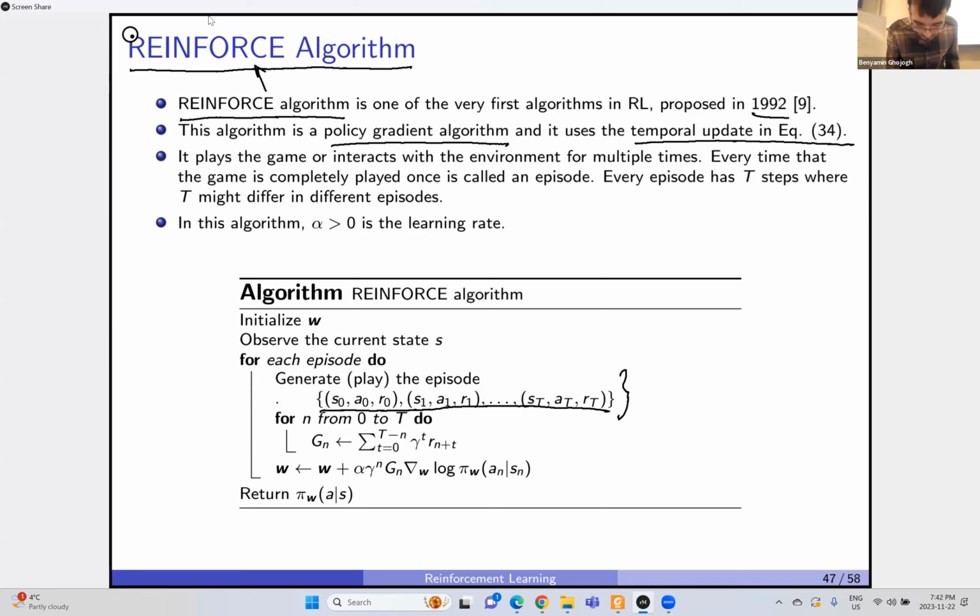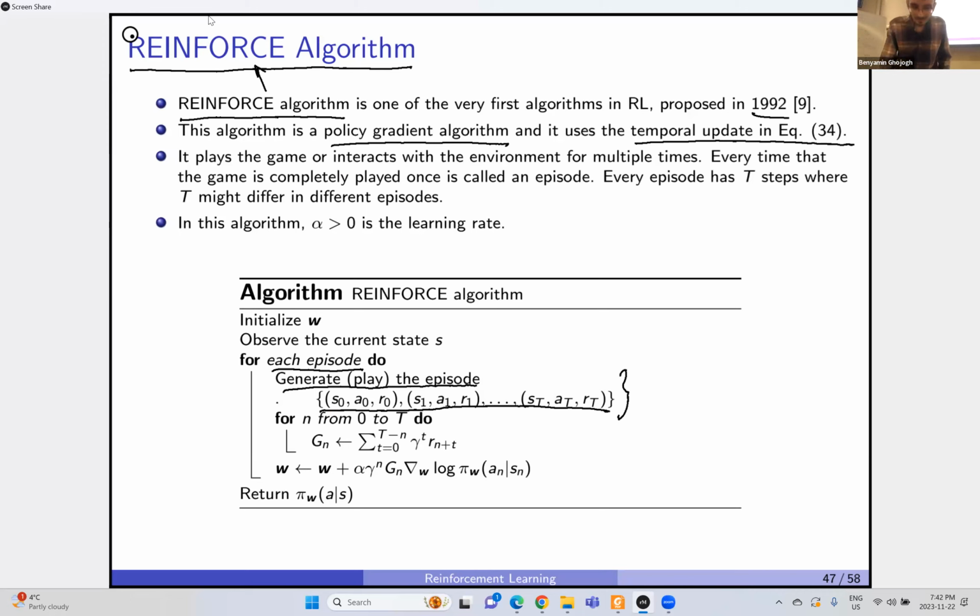It says that you have a loop over the episodes, playing the game again and again. For every episode, you play once, so you know the state, action, reward triplets from the start until the end of this game. You may have played well and won, or it was an awful game and all of the rewards are very low.